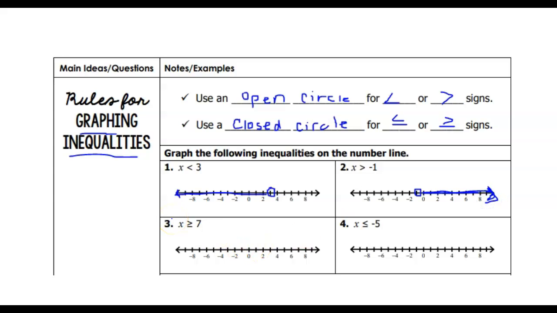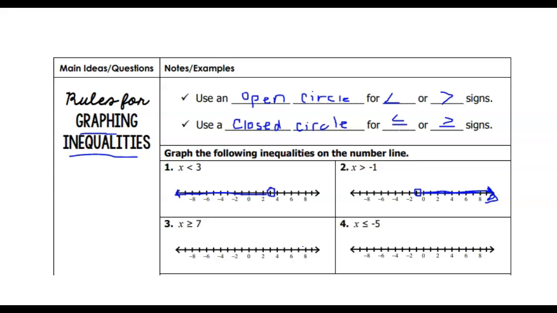The next one, they tell us x is greater than or equal to 7. Now here's the deal, Andrew. I'll do the same steps. I'm going to find 7 on the number line, which is here between 6 and 8. Andrew, this time though, am I going to put an open circle?